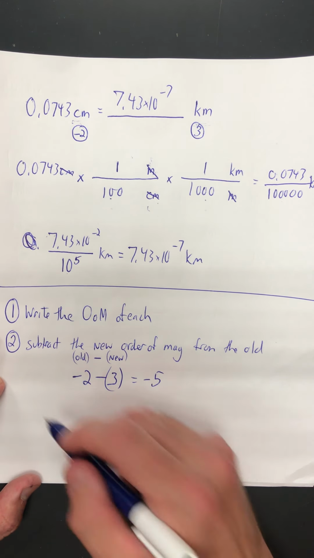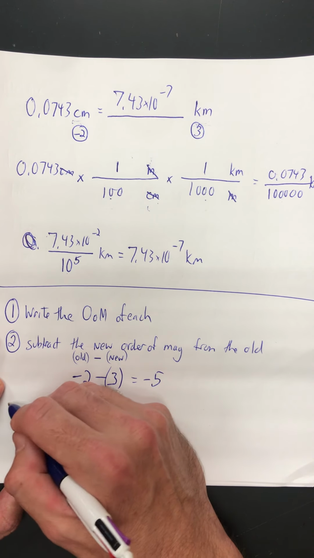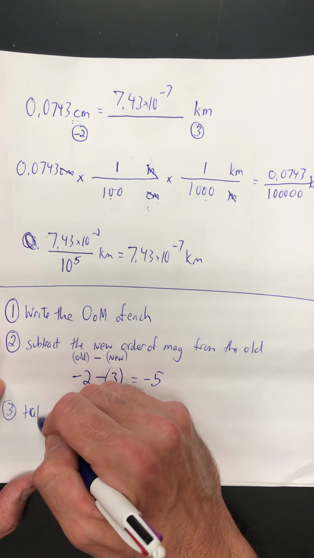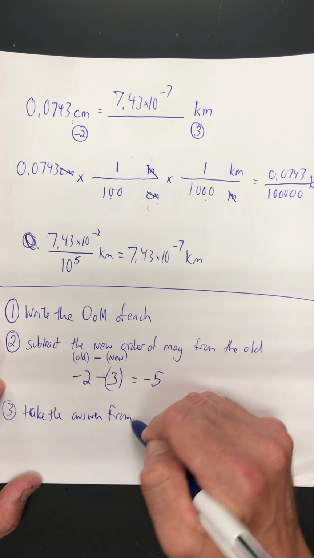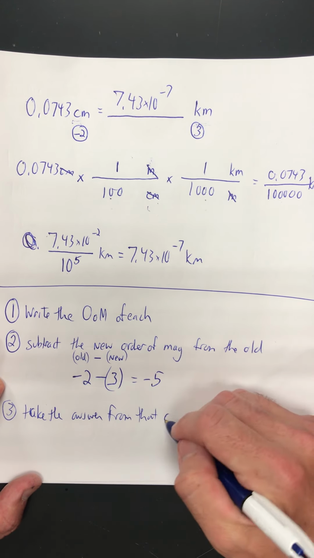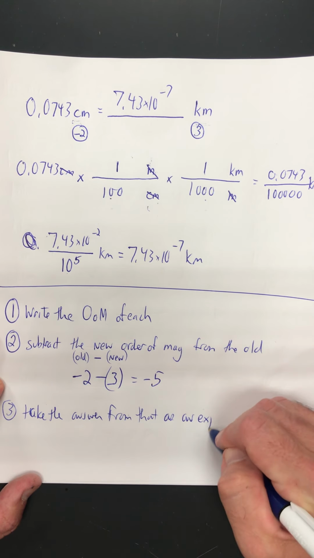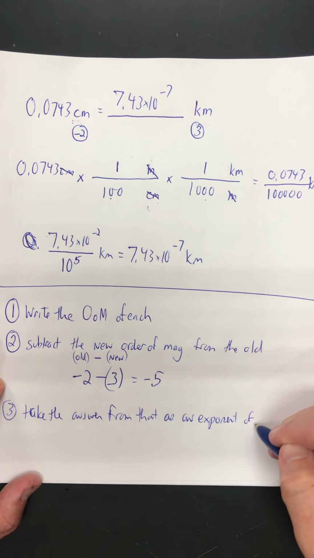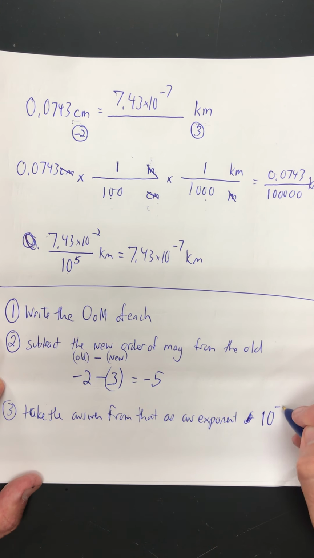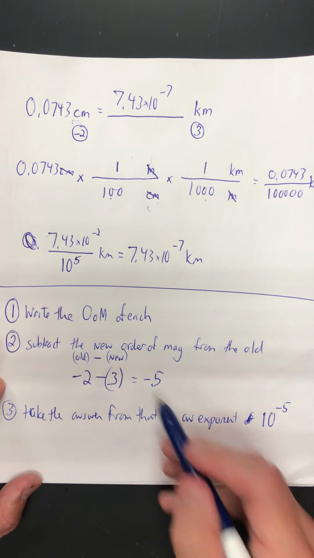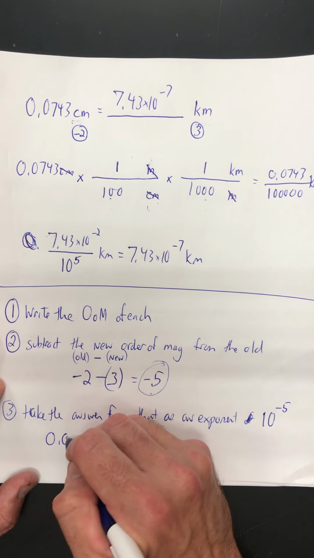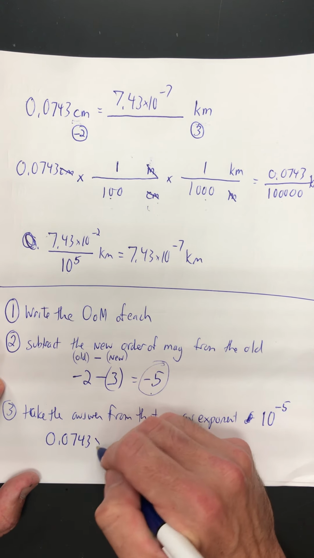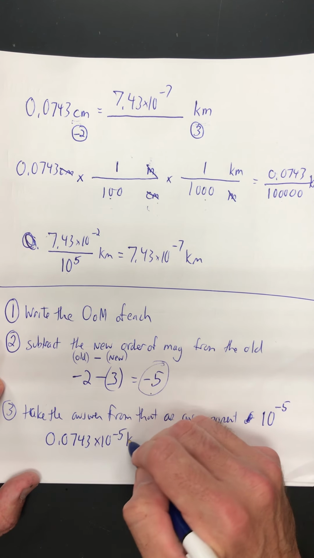So what I'm going to do here is then I take the answer from that as an exponent of 10. So in other words, what I'm going to say here is that means 10 to the -5th, right? So whatever this number is becomes that. So now my answer is 0.0743 times 10 to the -5th kilometers.